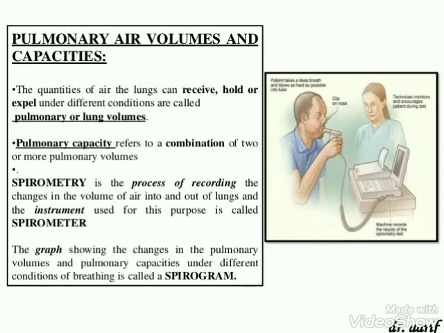Similarly, pulmonary capacity refers to the combination of two or more pulmonary volumes. And what these volumes are, we will study in the next slide. Next is spirometry. Spirometry is the process of recording the changes in the volume of air into and out of the lungs, and the instrument used for this purpose is called a spirometer.